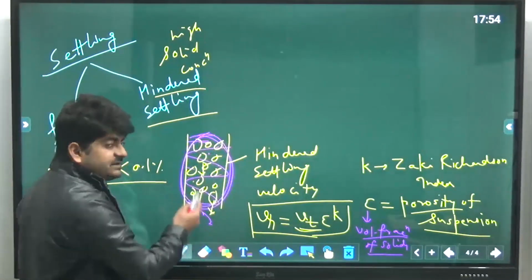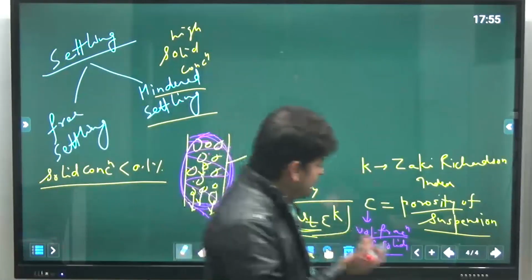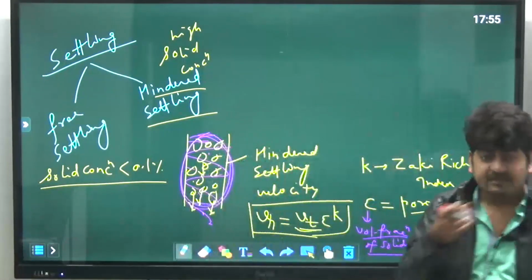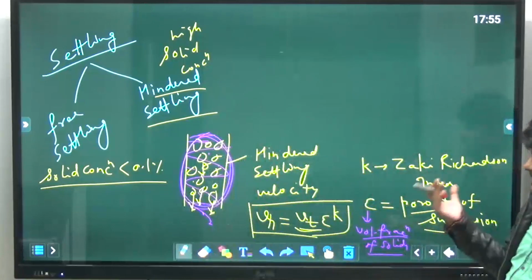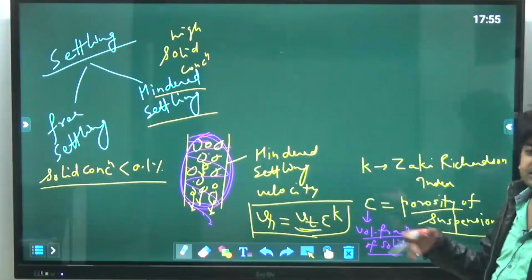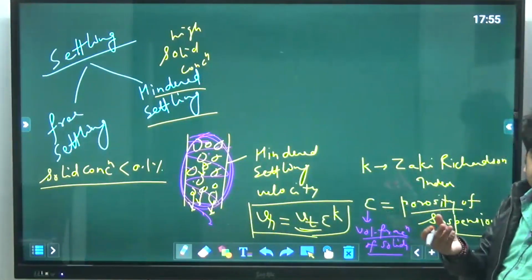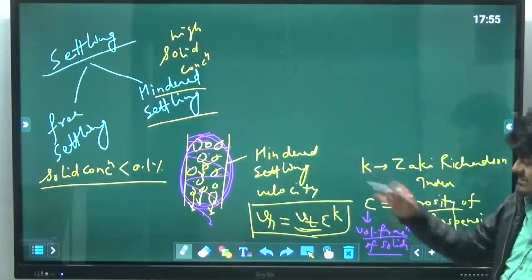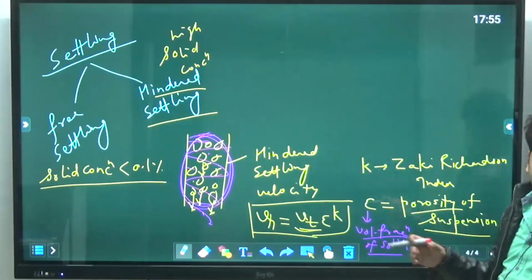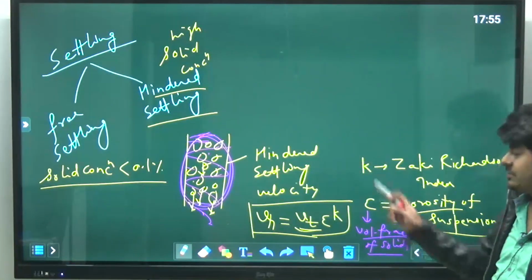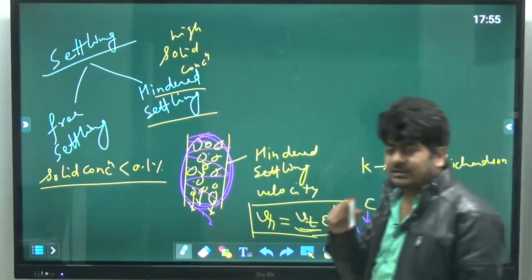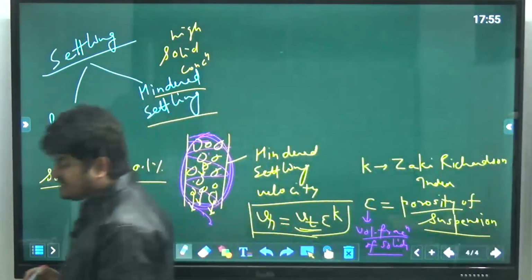That's how you can calculate the volume fraction of solids, basically the porosity of suspension. Normally porosity is referred to for the voids. But here, when we talk about mixtures, suspensions, the porosity means the volume fraction of solids. So that should be clear to you. Don't get confused in that.